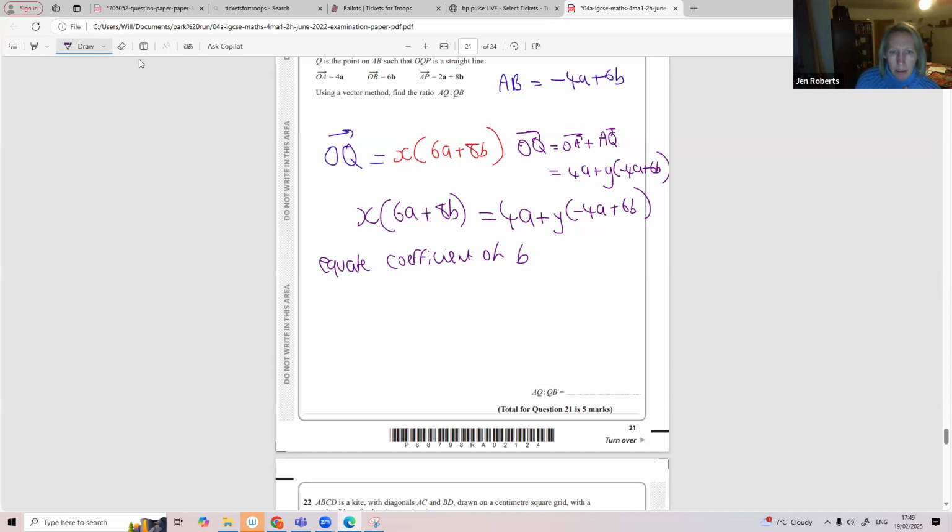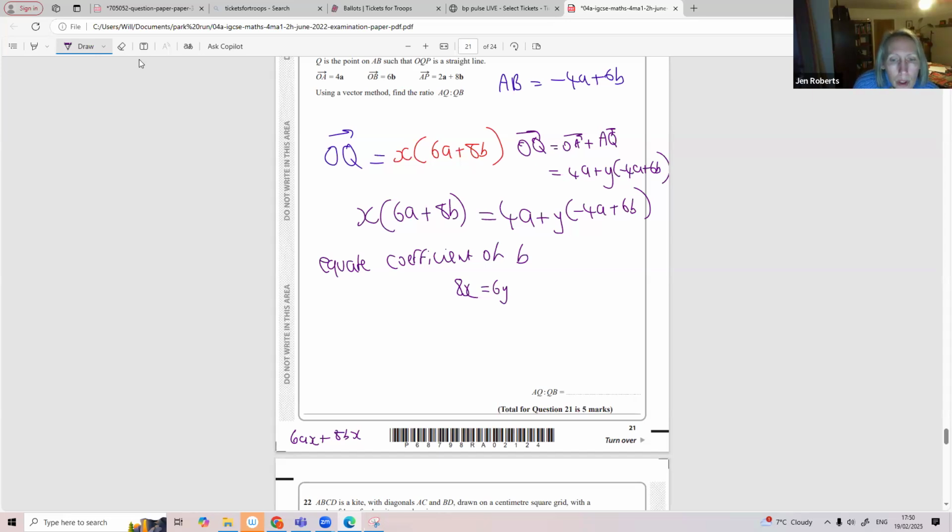So 8X is the coefficient of B. Let me just show you that down here. 6AX plus 8BX. So what's my coefficient of B? It's 8X. Here, my coefficient of B again, the A part I'm not interested in. If I expanded these brackets over here, I get minus 4AY plus 6YB. So 6Y.